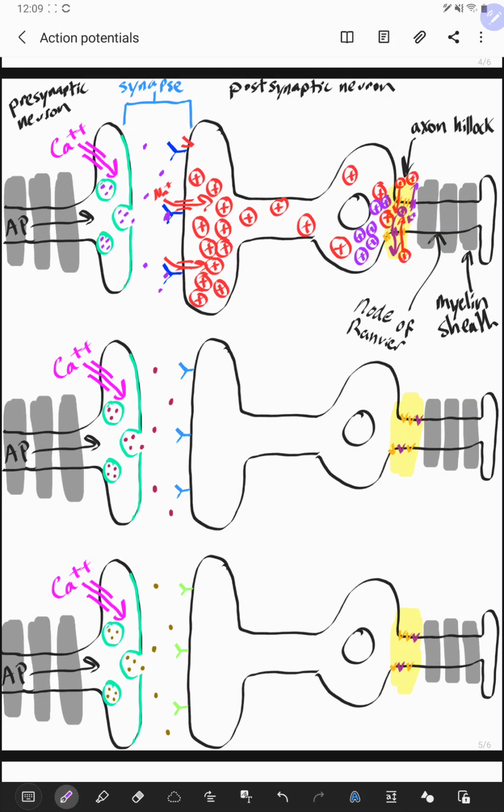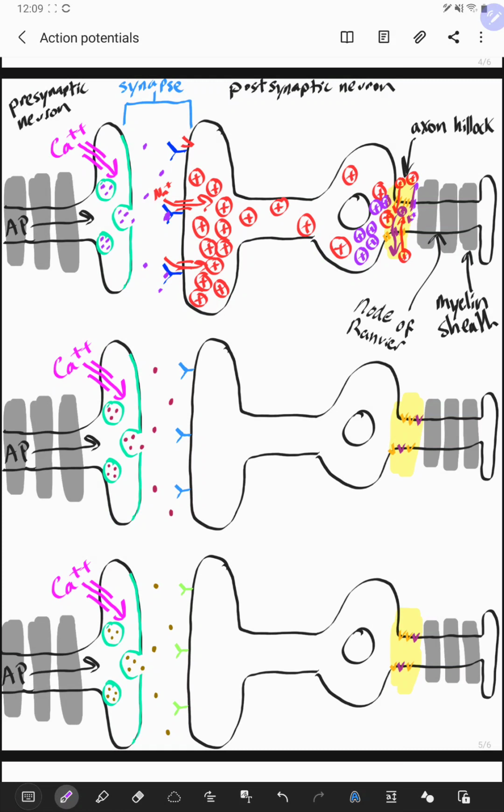I tried to make them different colors, though it's kind of hard to see. They're going to bind to different receptors, which is why I drew the receptors in a different color than in the excitatory response example.